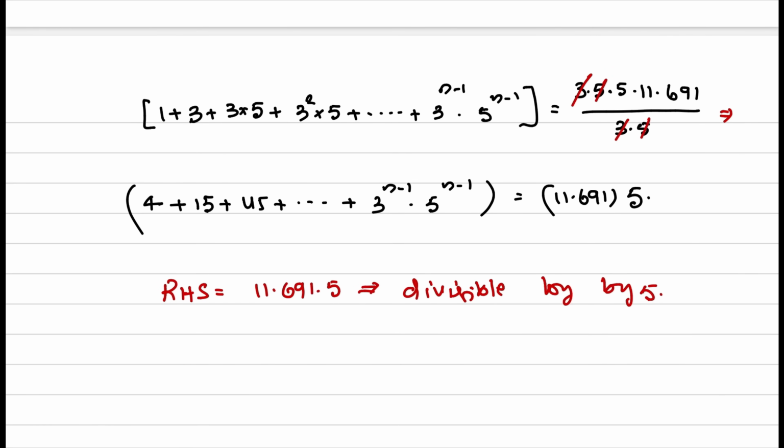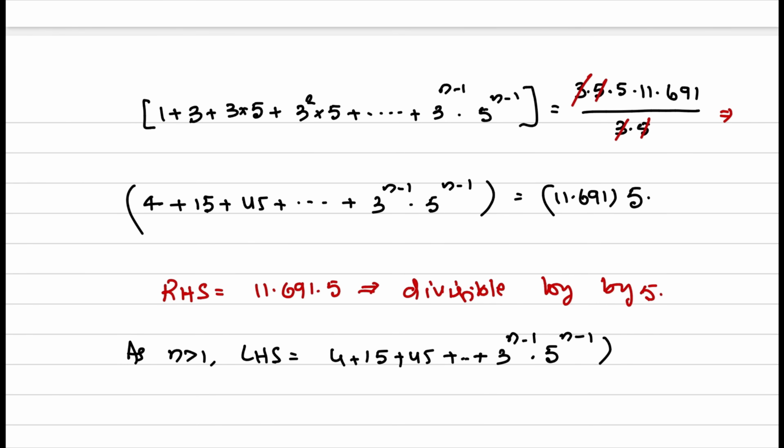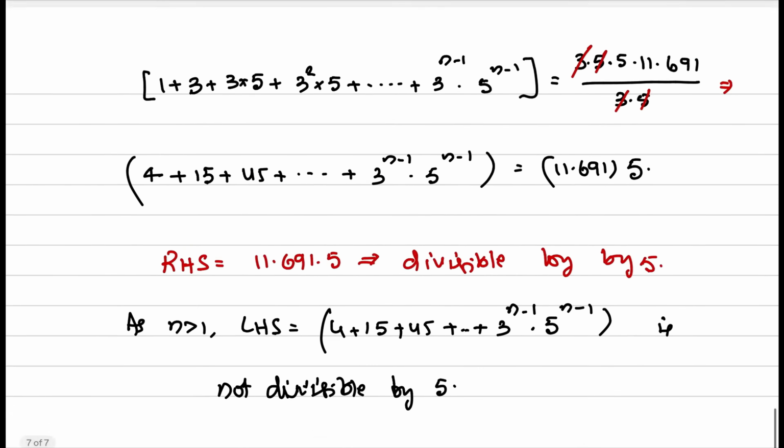Because n is greater than 1, on the left hand side 4 plus 15 plus 45 plus up to 3 to the power of n minus 1 into 5 to the power of n minus 1 is not divisible by 5. Hence, what is the conclusion?